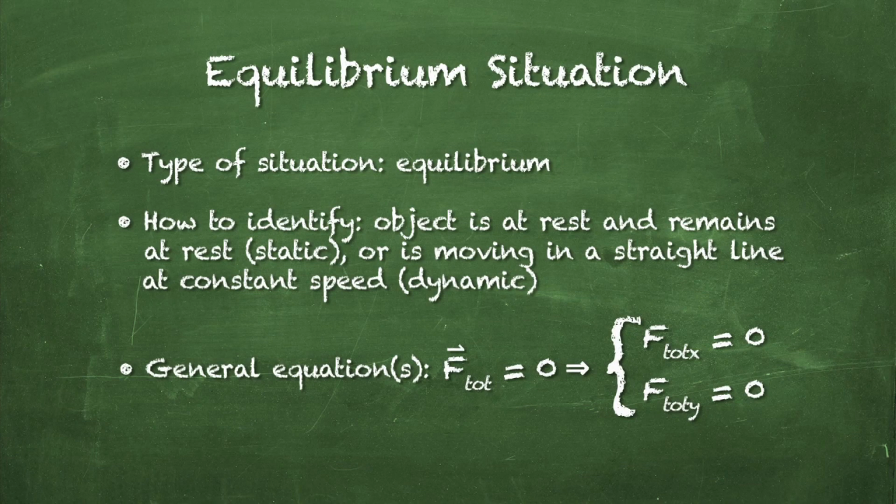How do you identify an equilibrium situation? Well, you have either static or dynamic equilibrium, which means that the object under consideration is at rest and remains at rest, or it's moving at constant speed in a straight line. When you have an equilibrium situation, you can write your equilibrium equation: total force vector is equal to 0.